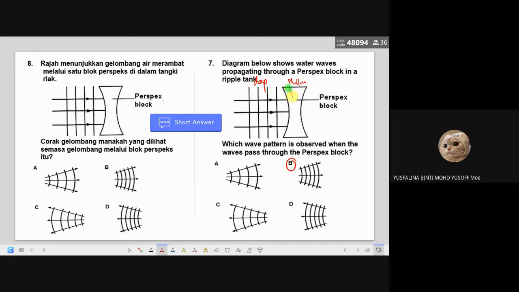So here the wavelength will become shorter, and then it will be spread out. It will be diverged. So it's different from the convex lens. So the answer is B.